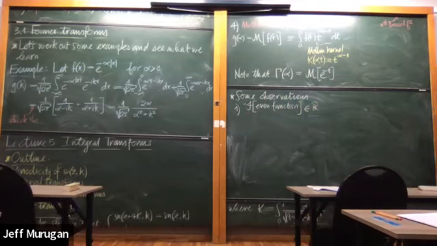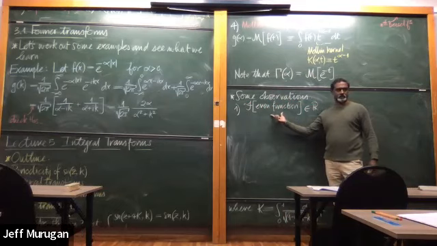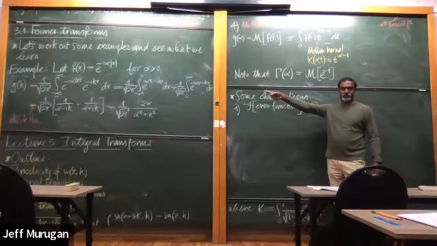In general, you know that an even function must satisfy the property that f of x is f of minus x. So take an even function that satisfies f of x equals f of minus x, and you can show that the Fourier transform is going to be real.